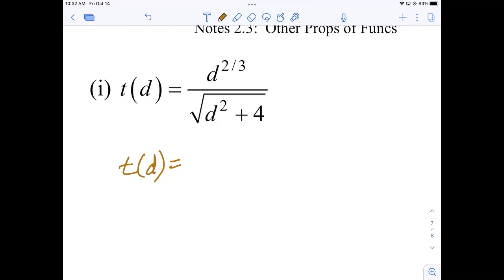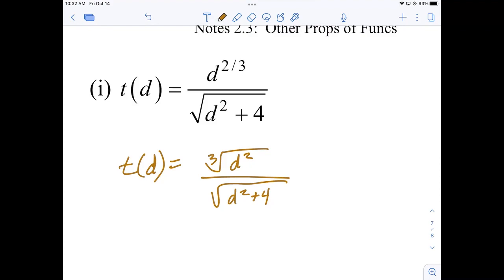TD, touchdown. Well, I'm just rewriting it. See? So all I did is I took the 2/3 exponent and wrote it as cube root of d squared. Okay? That makes it a little bit easier to see.